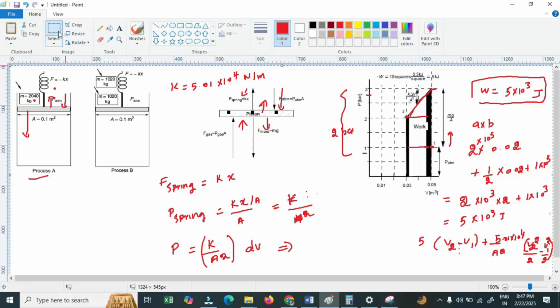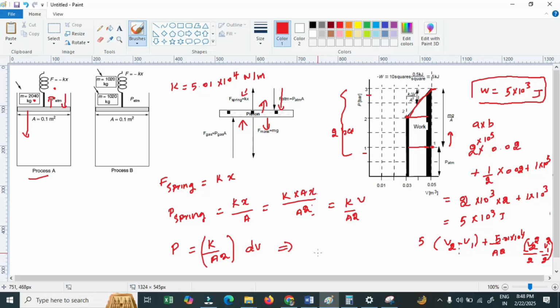Sorry, I made a mistake here, that is not divided by A. Kx divided by A can be written as K into A into X divided by A square, therefore K V divided by A square.